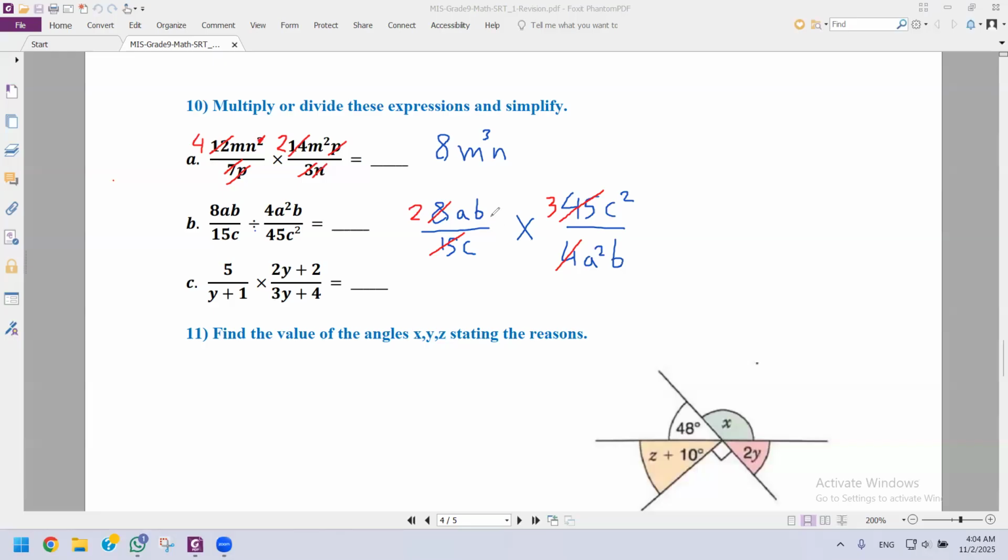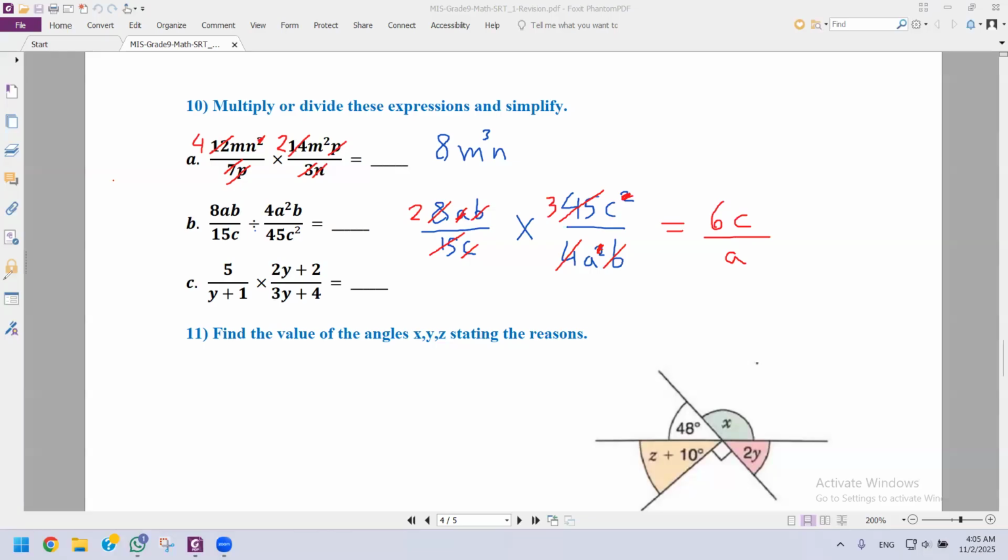Then 1b up, 1b down, cancel. 1c down, 1c up, 1a up, 1a down. Let's now multiply. 2 times 3, 6. Any letter left? Yes, c over, down. What is left? a. So it's simplified.